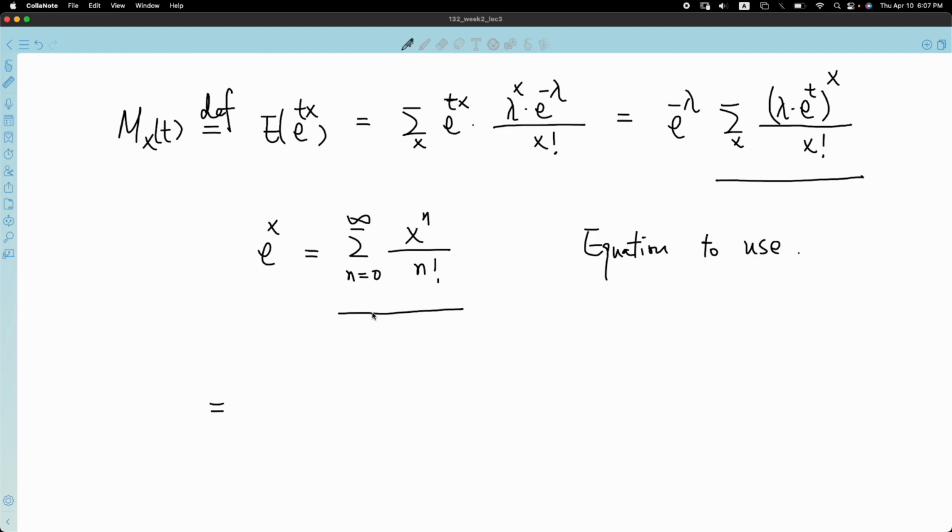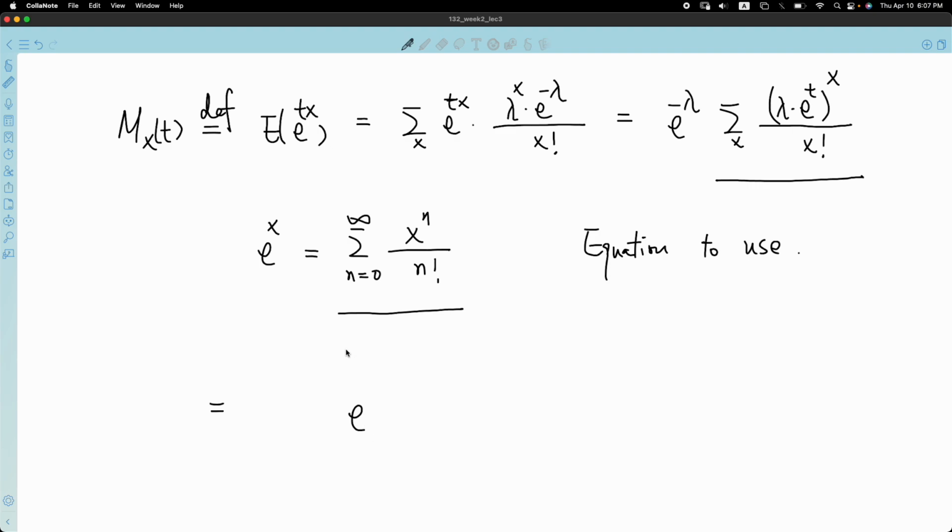E to the lambda times e to the... Okay, yes. Here, the x is the thing in the parenthesis. So in our case, the x in this expression will be the thing in the parenthesis. We just write e with whatever is inside the parenthesis, replacing the x. Okay, thanks.